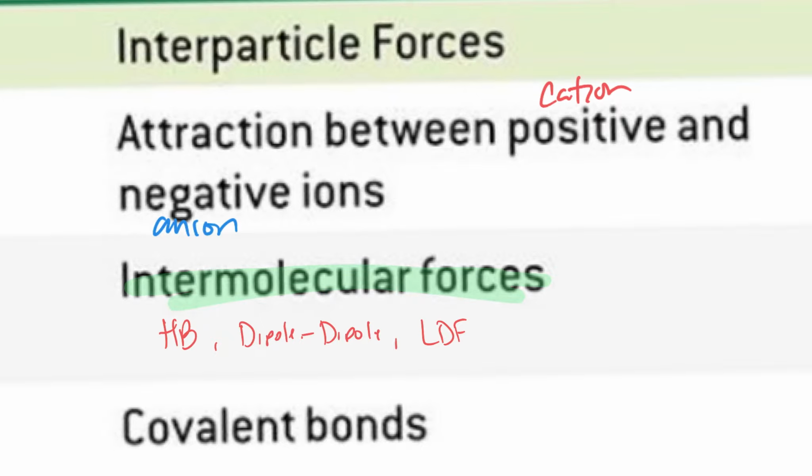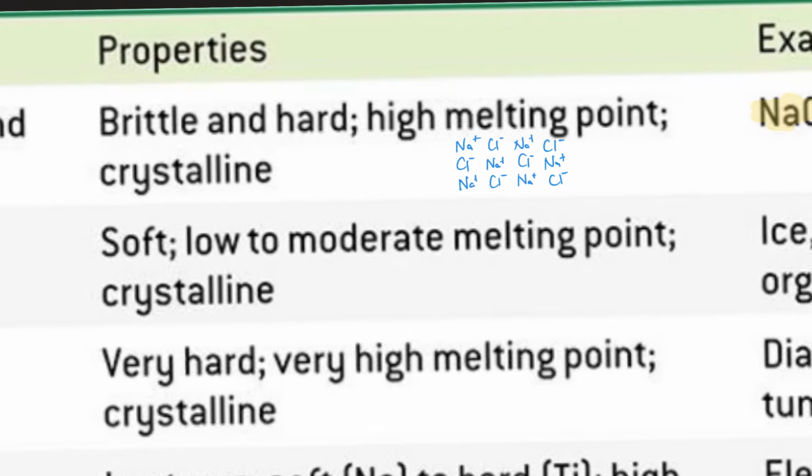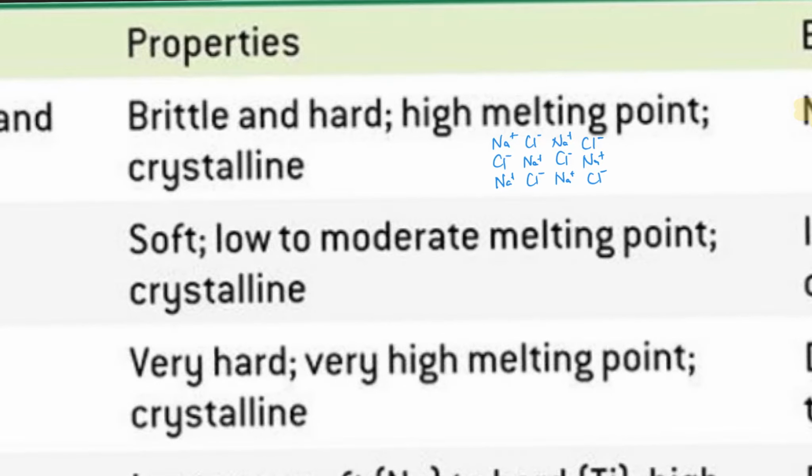Okay, all right, so what are some of the properties? Well, they typically are softer. All right, they have low to moderate melting points, and the reason why is that what's keeping them bonded together are intermolecular forces.